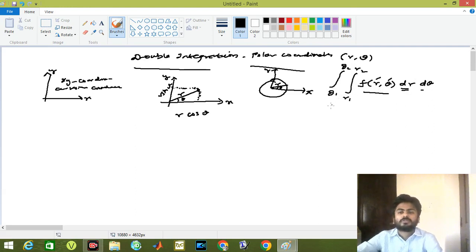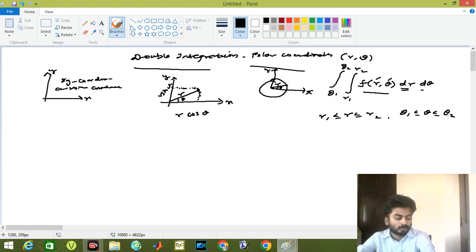Here you will have r1 less than or equal to r less than or equal to r2 and theta 1 less than or equal to theta less than or equal to theta 2. When you are integrating with respect to r, theta acts as constant. When you are integrating with respect to theta, r acts as constant.